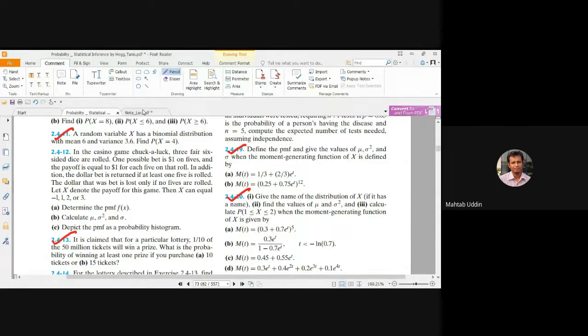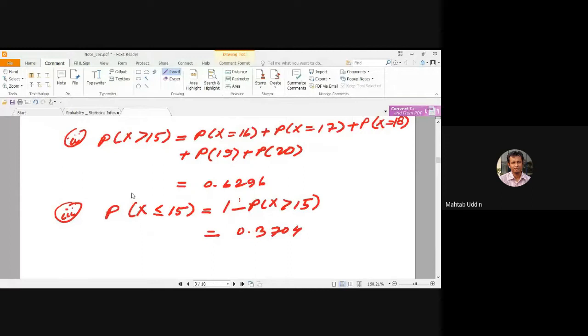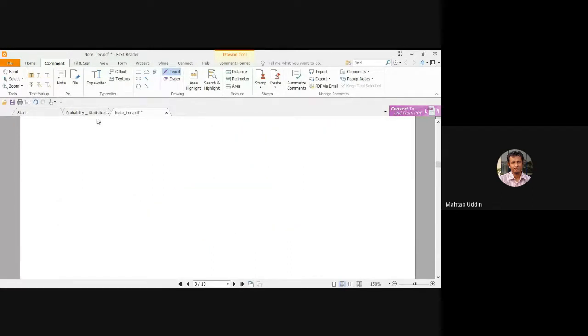So this is 11. Now, mu equal to np, and here given mu equal to what? 6. Take this as equation 1. Also we know variance equal to npq, and here given 3.6. Take this as equation 2. Do you understand this?